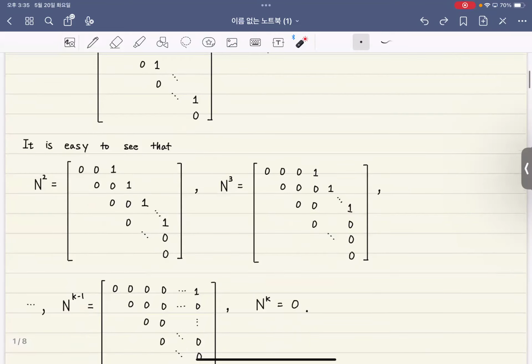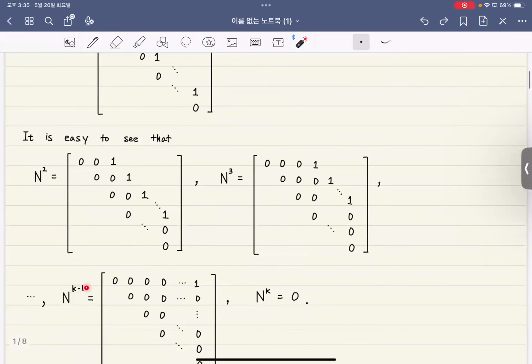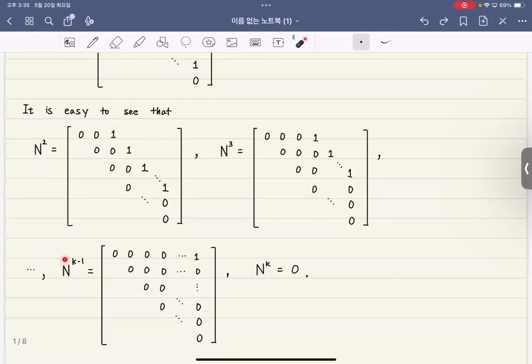So as you raise the power of the matrix N, especially if the power is k minus 1, just one smaller than the size of matrix N, you're going to get a matrix whose entries are all zeros but one, and this only one is in the upper right corner. Finally, if the power of the matrix N is greater than or equal to the size of the matrix, then you're going to get the zero matrix.